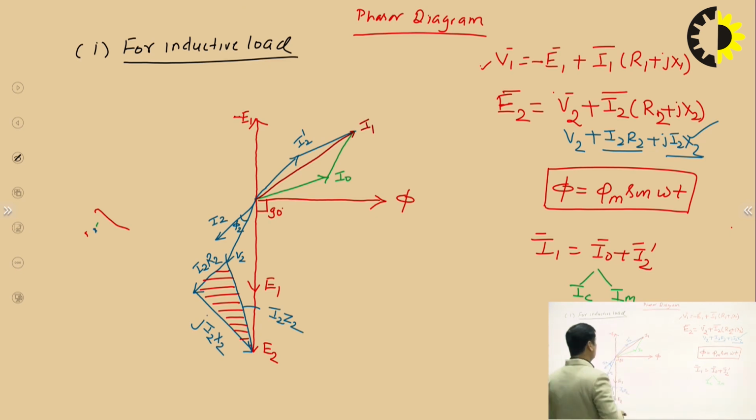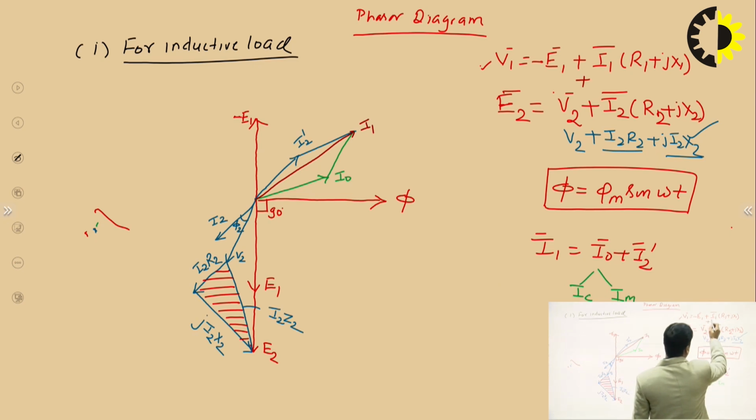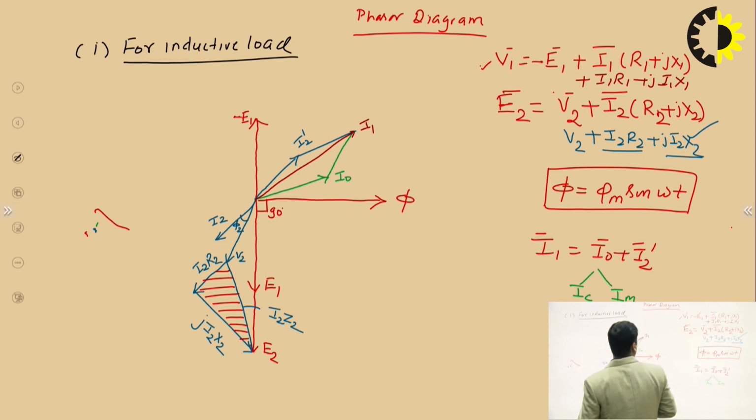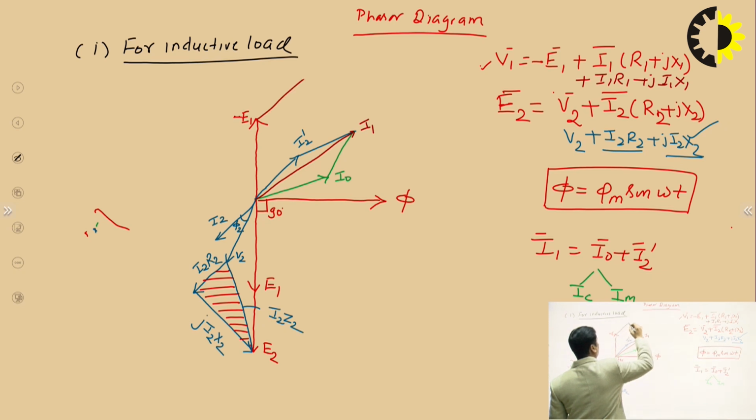Now let us draw the phasors of I1 R1 and then I1 X1. I1 R1 will always be in phase with the current I1. So take I1 as this, and draw I1 R1 along it.